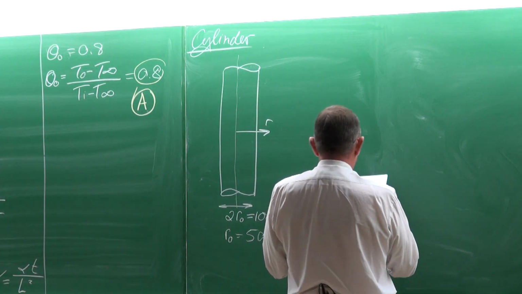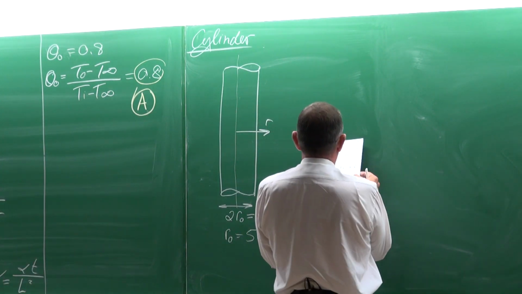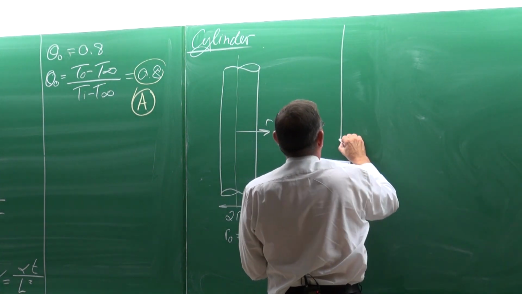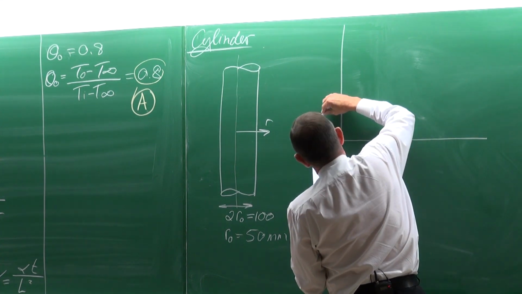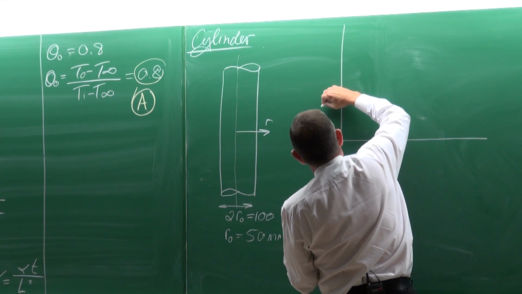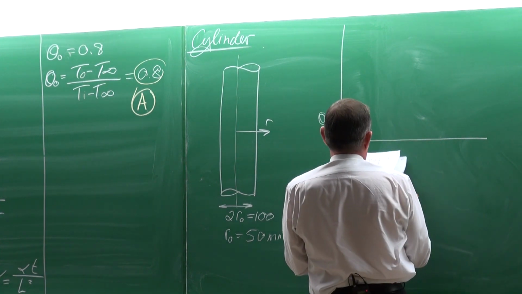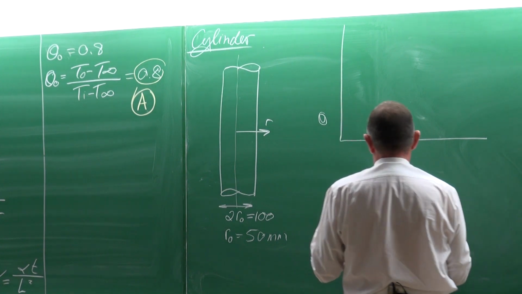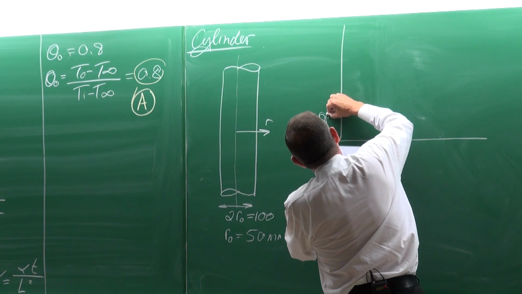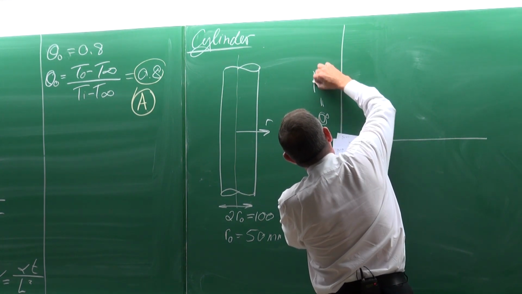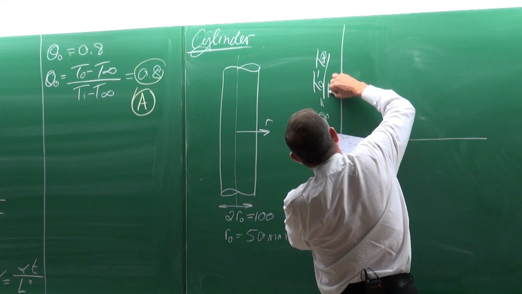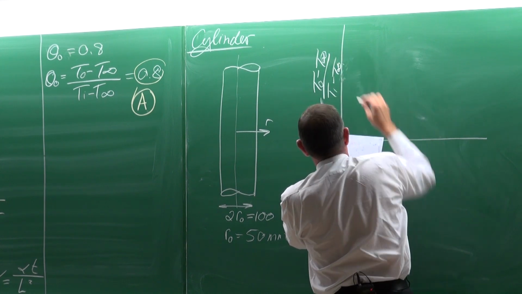Right, now if we go to the Heisler charts again, for the long cylinder, then in principle they are exactly the same. The non-dimensionalized temperature is equal to T0 minus T infinite divided by Ti minus T infinite.